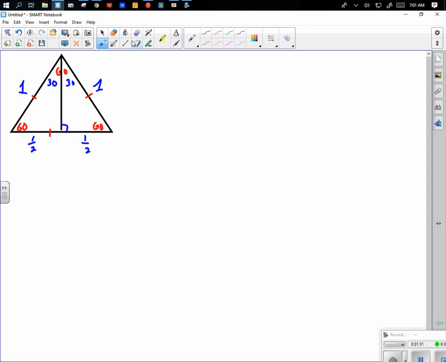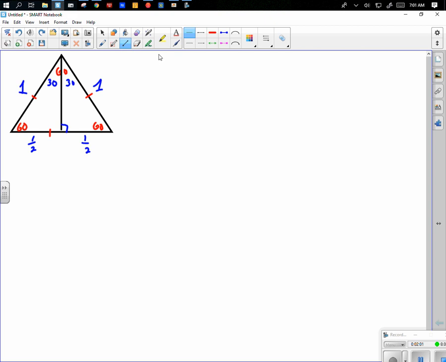Okay, so if I focus on only one triangle, let's say this one right here. You know what? I'm afraid that is a wrong triangle. Okay, so let me draw it.